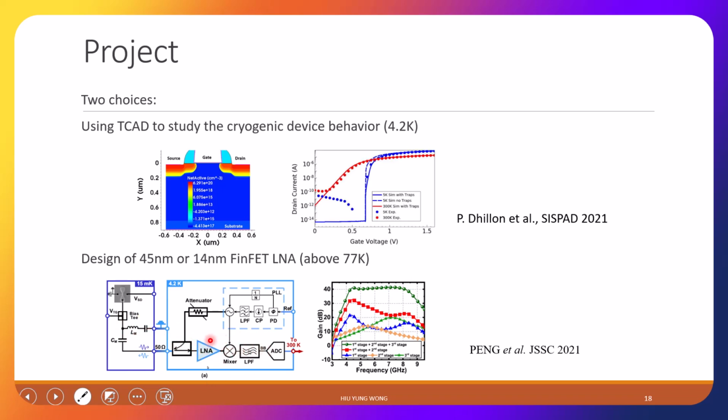We use a low noise amplifier with a mixer, low pass filter, analog to digital converter, and here you have attenuator, phase lock loop, etc. So there are lots of things to study. I'm actually not an expert in this, but we will only talk about the LNA. You learn this in other classes, right? I know that. But here we try to look at the cryogenic aspect, mostly about the noise.